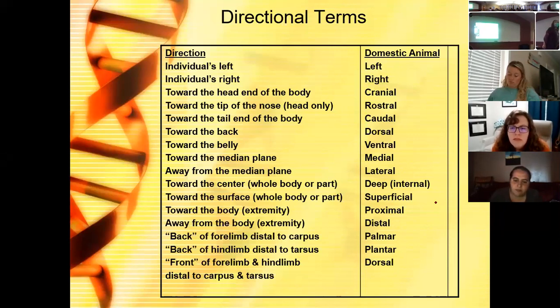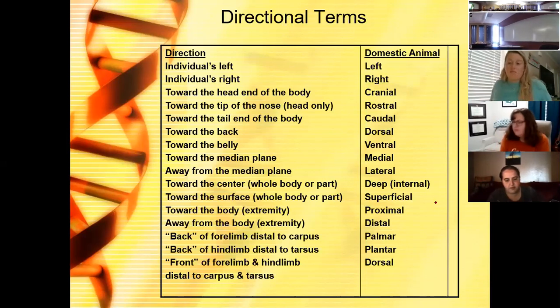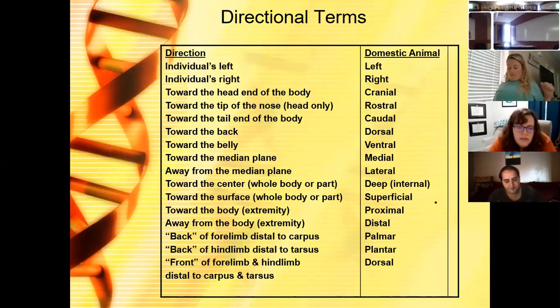Proximal and distal. I went over this quite a bit yesterday. I'm drawing all over myself today. Proximal and distal are in reference to your appendages only. Arms and legs, front legs, back legs.